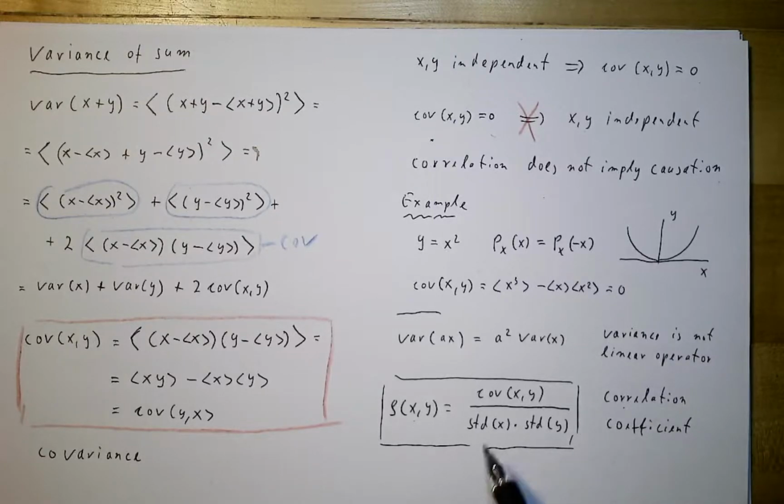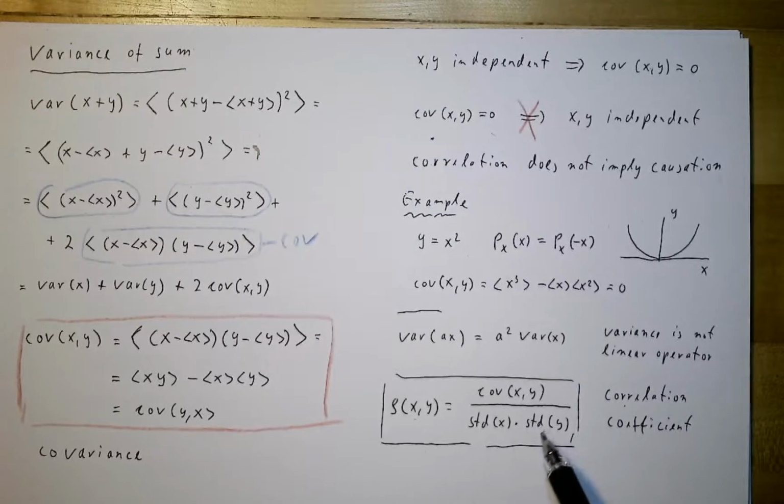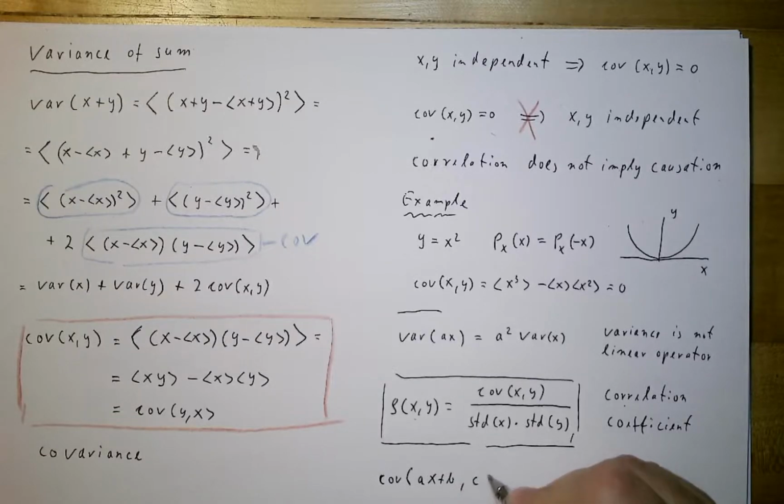Now we have normalized the deviation of x and y. So for example, if you have the covariance of a variable x which is scaled by a, and a variable y which is scaled by c and then shifted by d, this is equal to a times c times the covariance of x and y.